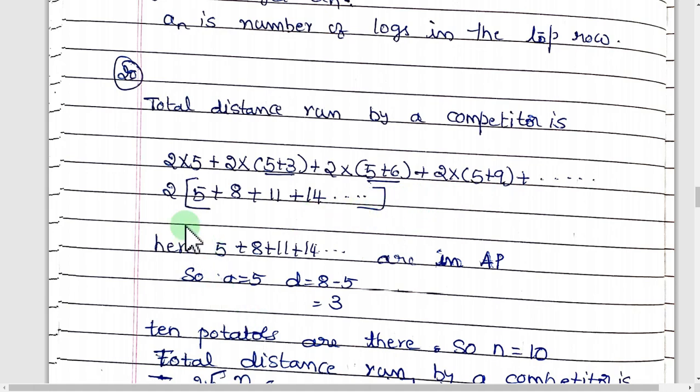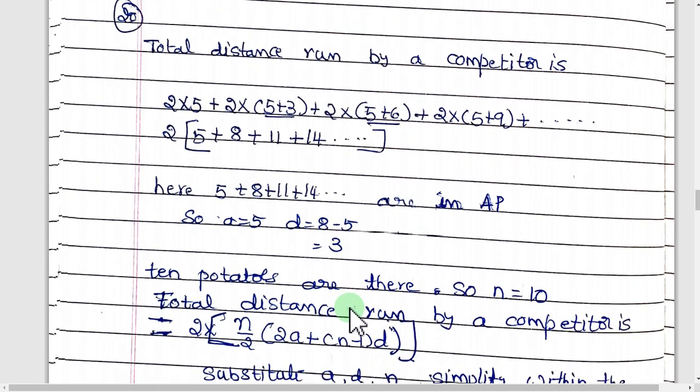So here when you see this, the numbers within the bracket, 5, 8, 11 and 14, form an AP. How to check whether they form an AP or not? 8 minus 5 is 3, 11 minus 8 is 3, 14 minus 11 is 3. So the difference is common. So we can say that this list of numbers forms an AP. So the first term is a, the common difference is 8 minus 5, a2 minus a1. So 8 minus 5, 3. 10 potatoes are there. So in this AP, how many terms will be there? 10 terms will be there. So n value is 10.